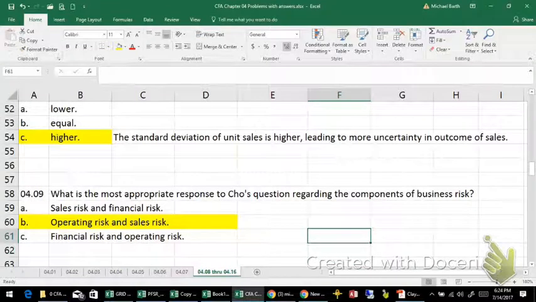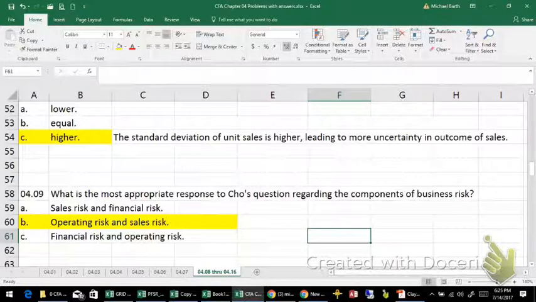The most appropriate response to Cho's question regarding the components of business risk. Business risk is the variability in operating income that arises from the variability in your sales as well as the mix of expenses or operating expenses.